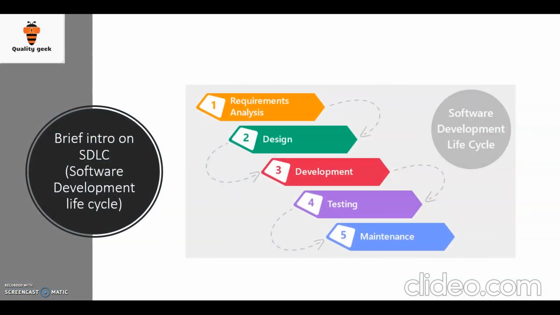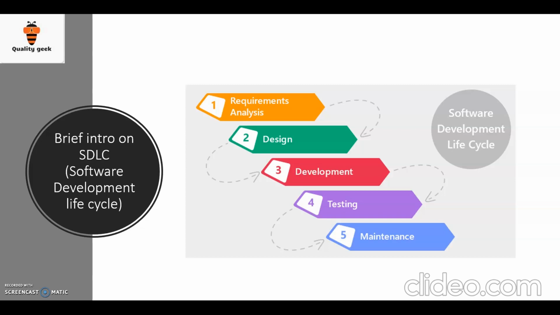So to understand the software testing, we need to understand what is a software development life cycle. So the software testing is one part of the entire software development life cycle. So what happens in a software development life cycle? Let's discuss in detail. To start with, there is a requirement analysis from the client or customer or whatever we call.